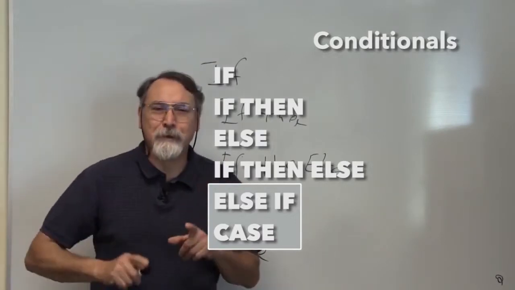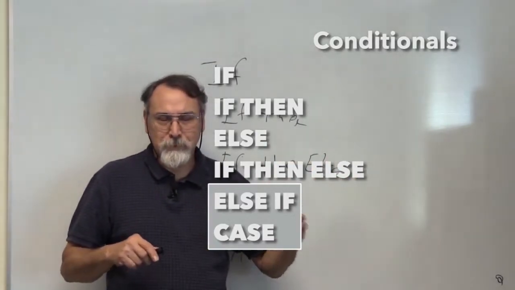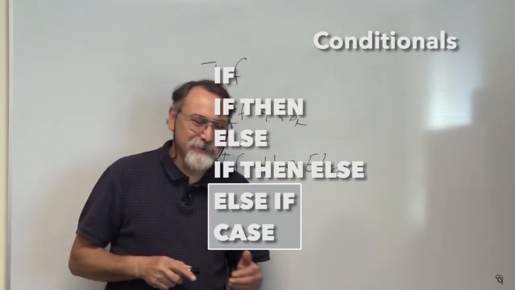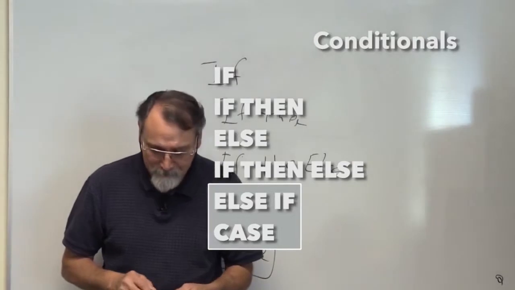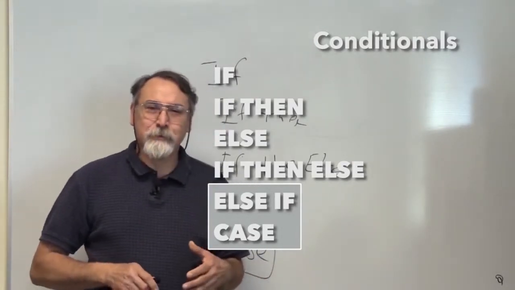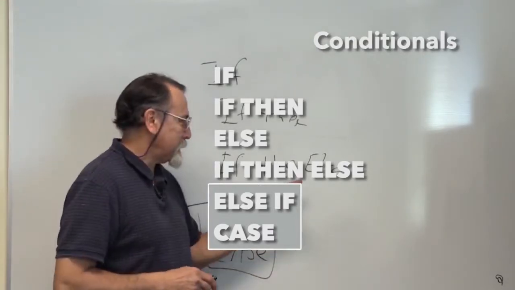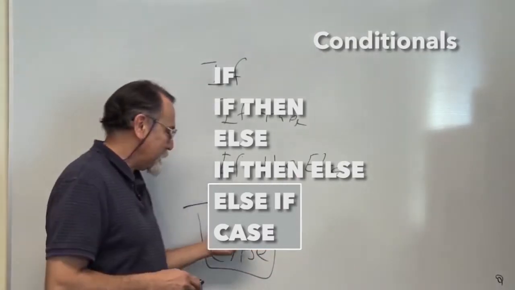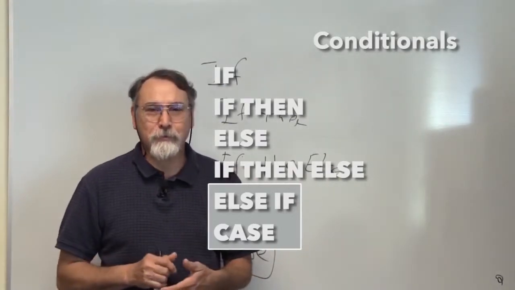Now, let me tell you what happened. When I started to do this many years ago, else if and case did not exist. So a lot of the programming I did was basically if then, and then else came in, so I was happy with that. But the else if and the case scenario did not really exist when I started to do this kind of work.